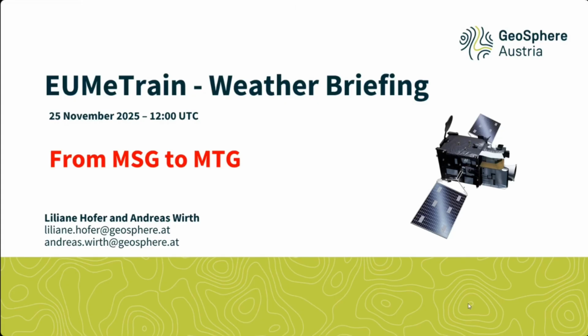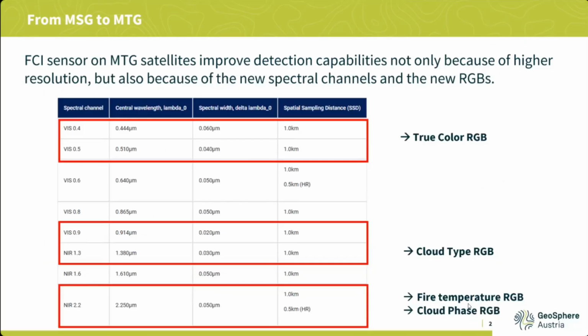So the first thing I wanted to show to you is the application of the new channels that we have. You know that MSG and MTG have different channels. Some are the same, some are added. So MSG has 12 spectral channels and MTG has 16 spectral channels. So with MTG, we have 4 more channels.